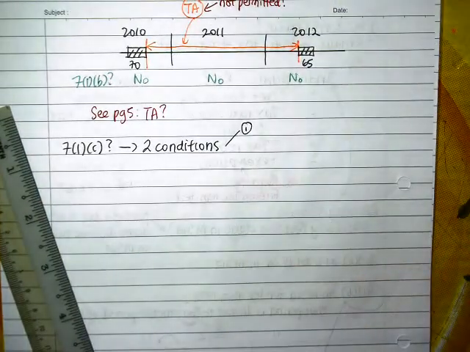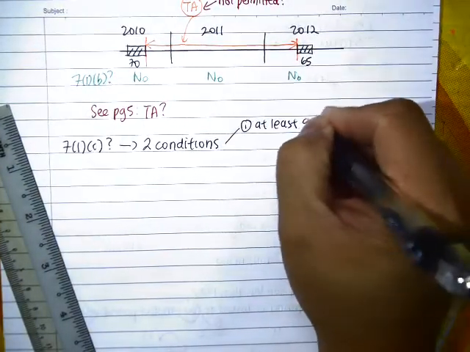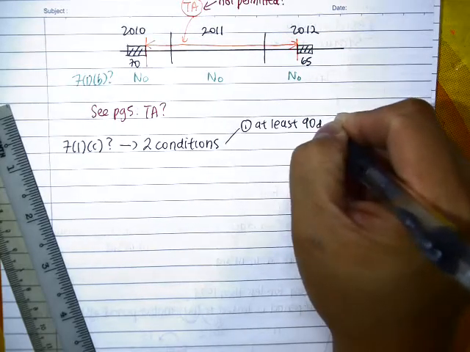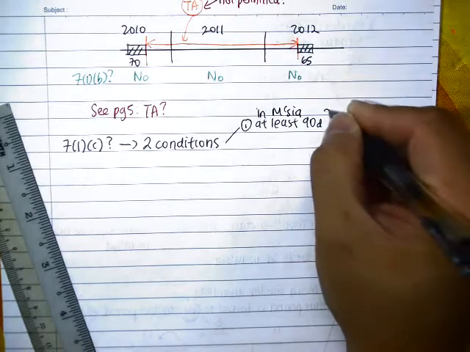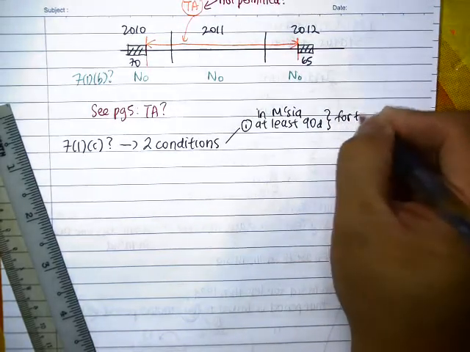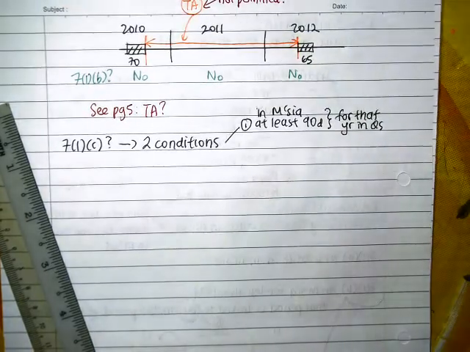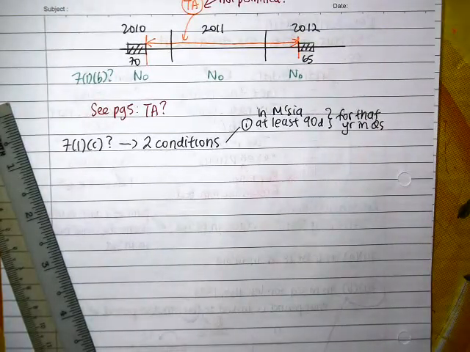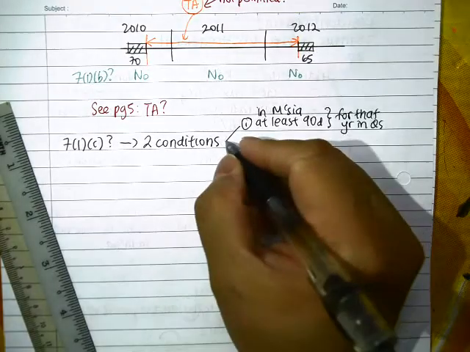You must have at least 90 days. Okay? You must be in Malaysia at least 90 days for that year in question. So the year that you want to determine your resident status, you must be at least 90 days in the country. And then what do you see?